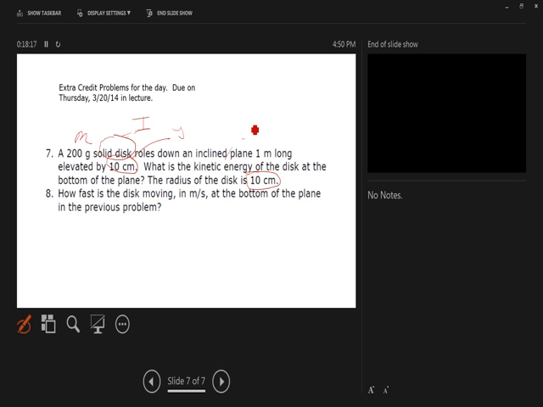Okay. So it doesn't specify which kinetic energy, so it's just the total kinetic energy at the bottom of the plane, which will be the sum of the rotational and translational kinetic energy.